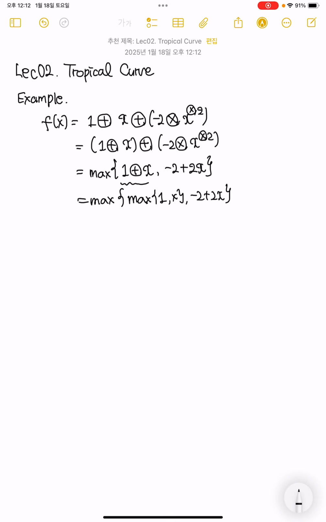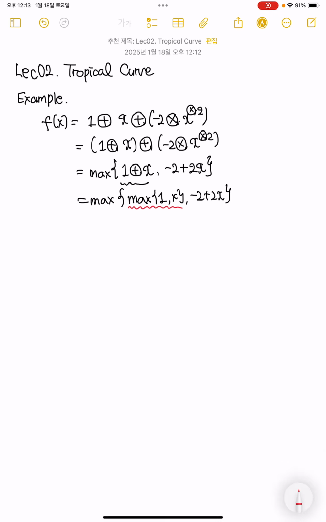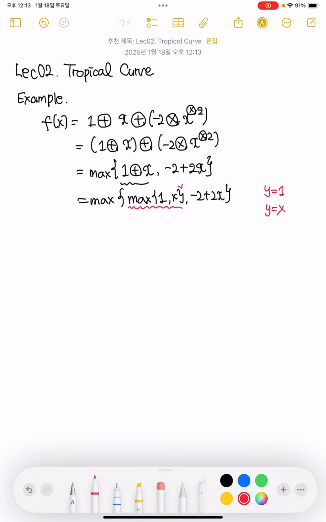First, we consider the first term. We can understand that it is a function. Think about y equal to 1 and y equal to x.